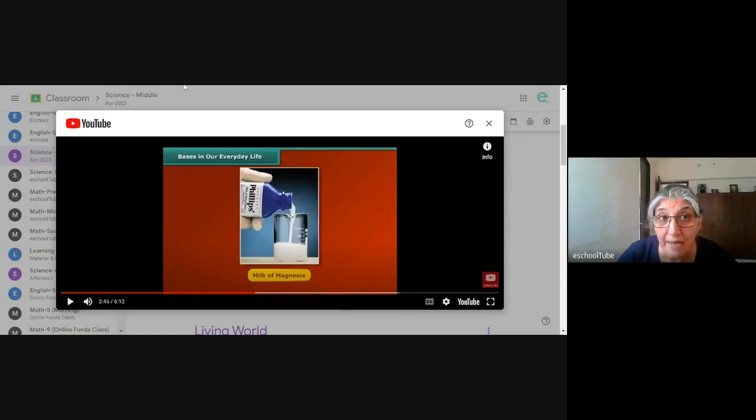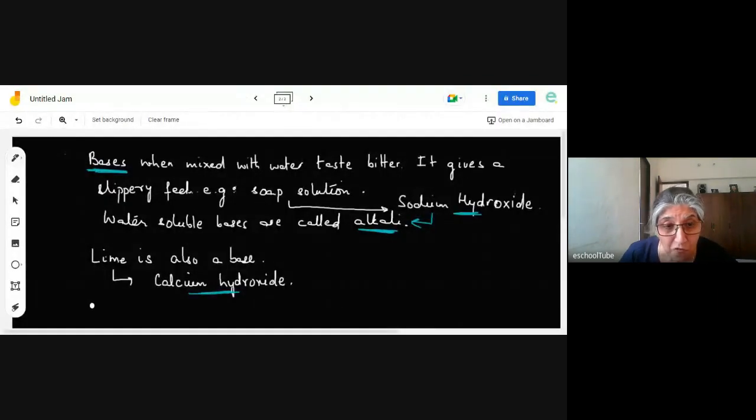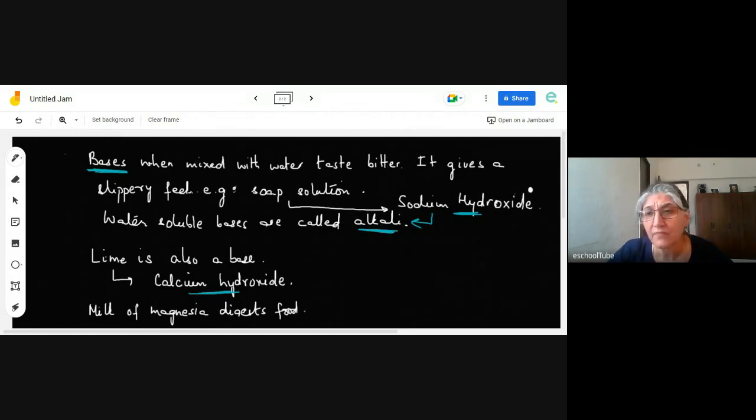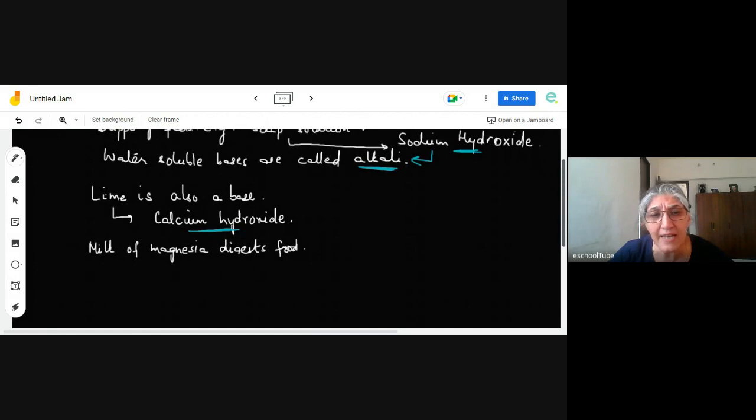Okay, so magnesium hydroxide. So milk of magnesia, किस चीज के लिए यूज होता है? For digesting food. Digests food. And what is it made of? Which hydroxide is it?